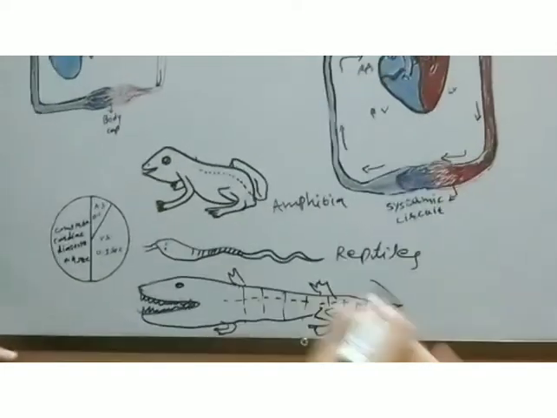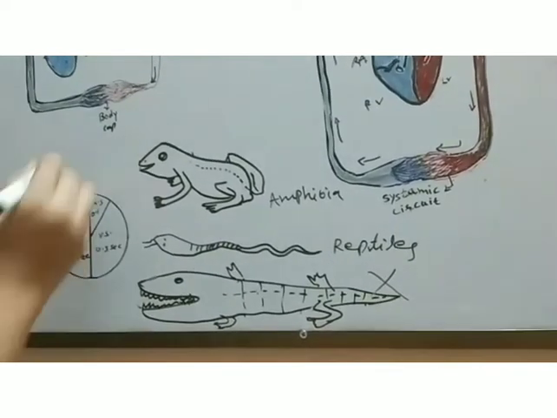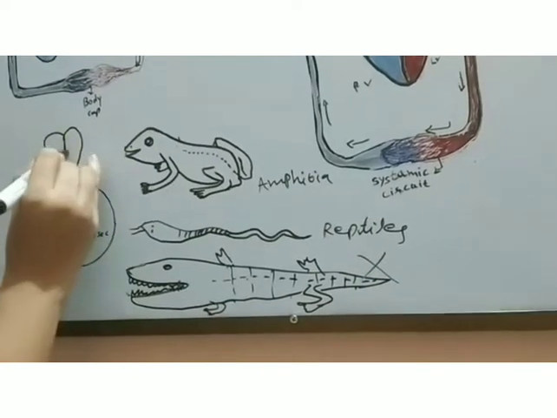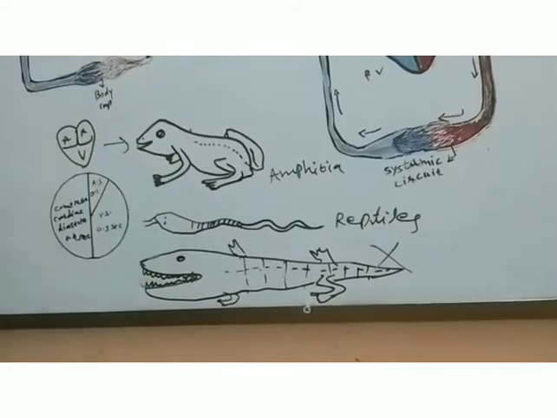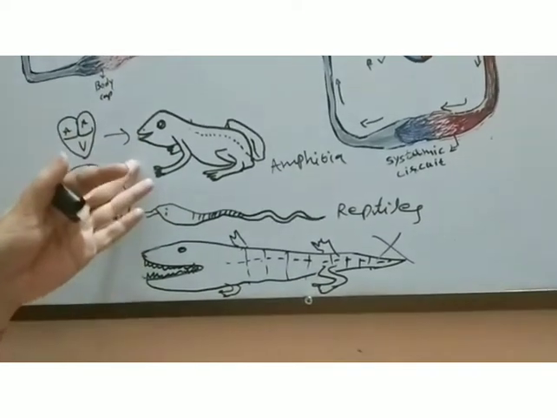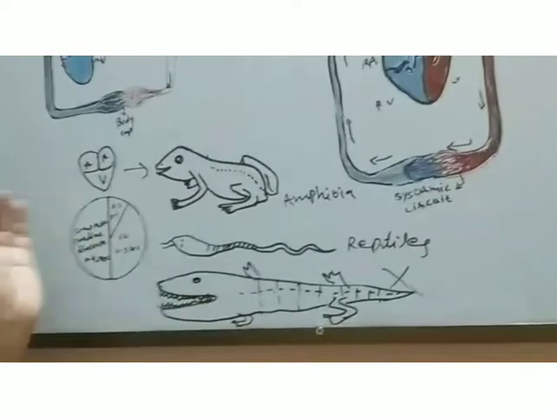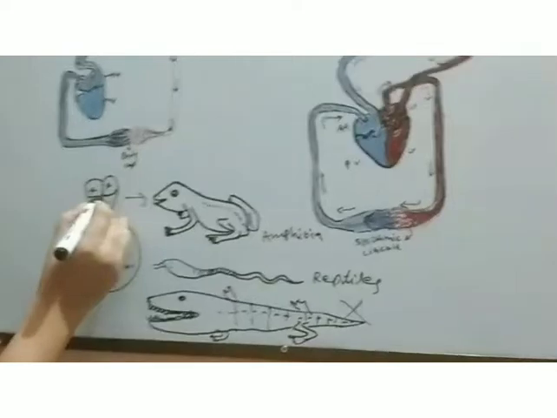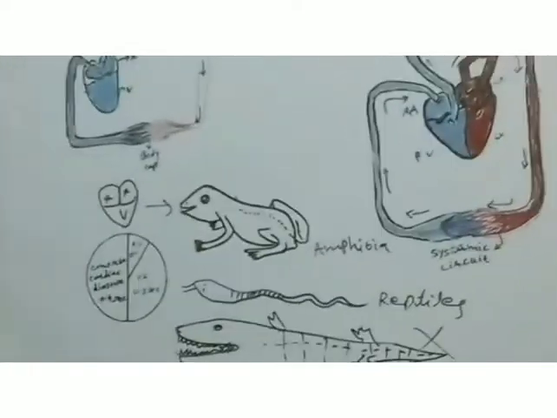Reptiles, except crocodile, have the 3-chambered heart, meaning 2 auricles and 1 ventricle. So they tolerate the slight mixing of the oxygenated and deoxygenated blood in the ventricle, because the complete partition of the ventricle does not take place here.